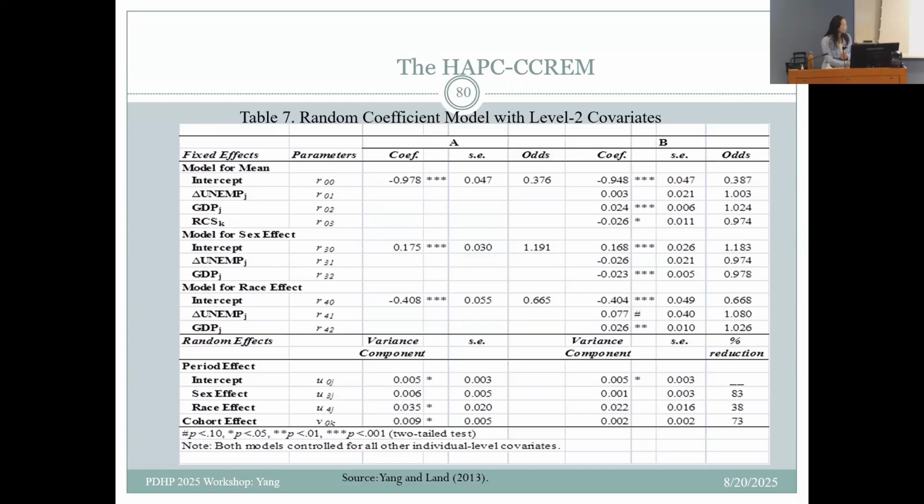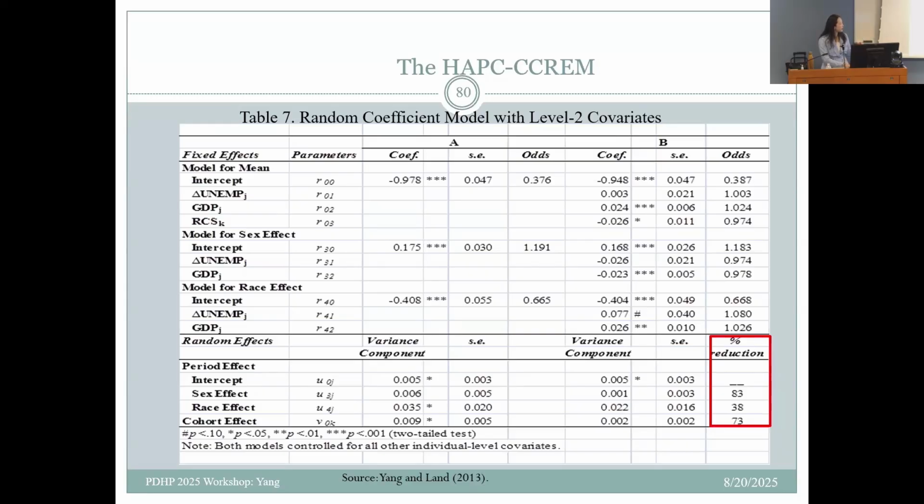The most important part of the analysis by adding the level 2 covariates is that the evidence of them working is if you observe any percentage reduction of the various components compared to the models without these covariates. For the intercept, unfortunately, these variables don't explain much.